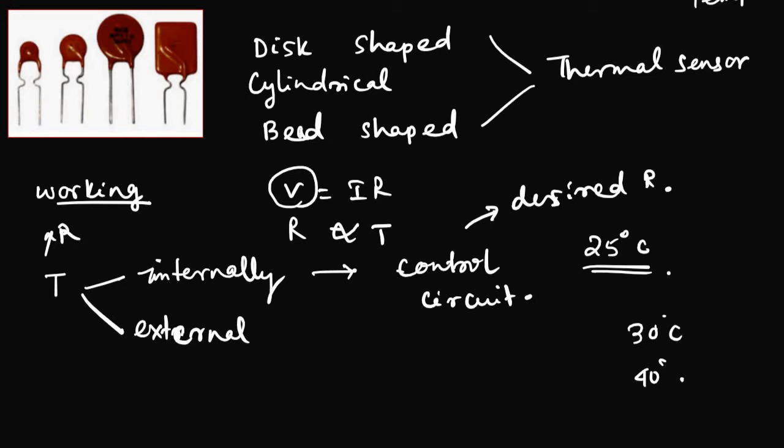That's how we can change the variation of temperature with respect to resistance. We can use this to our advantage, and we can change the temperature internally or externally so as to provide the desired value of resistance required in a thermal sensor, which is also called a thermistor.